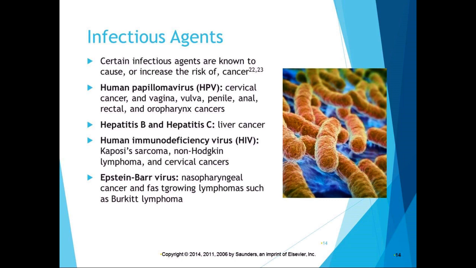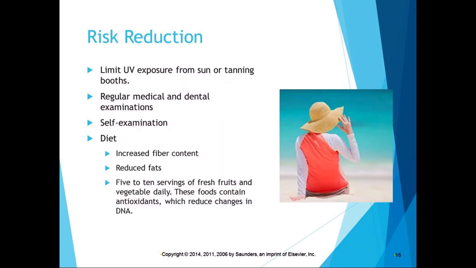Hepatitis A and B and C can increase the risk of liver cancer. HIV has certain cancers that it increases the risk of. And Epstein-Barr virus, nasopharyngeal cancers, and fast-growing lymphomas of a particular type. A lot of these infectious agents can be involved in carcinogenesis.